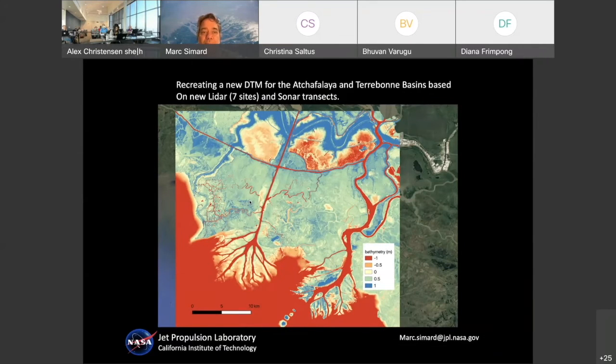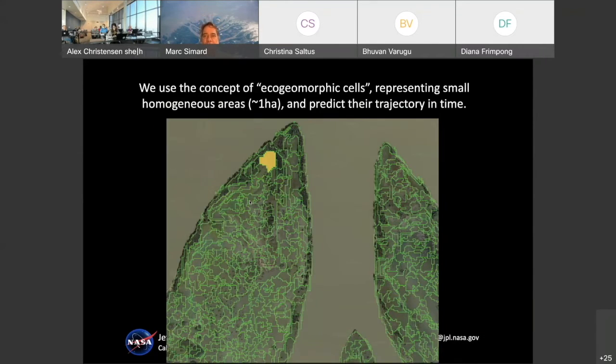So for Delta X, we bring the ecogeomorphic cell concept. So we dissect the landscape into small units of about 1 hectare. This is the scale at which most of these processes do act. So there's not really a reason to go every meter or 5 meters like the remote sensing data.